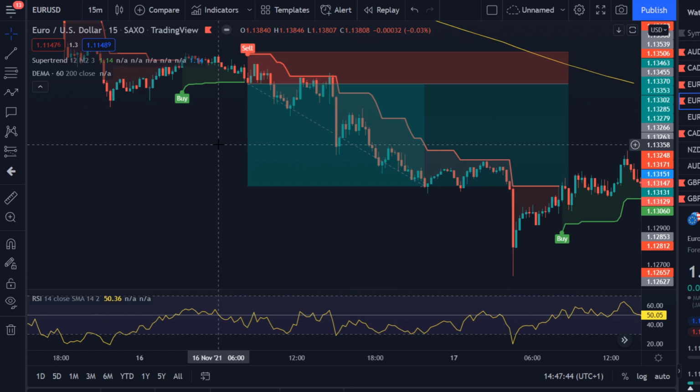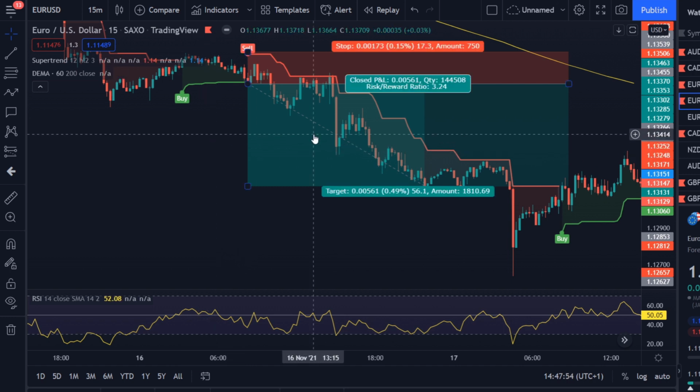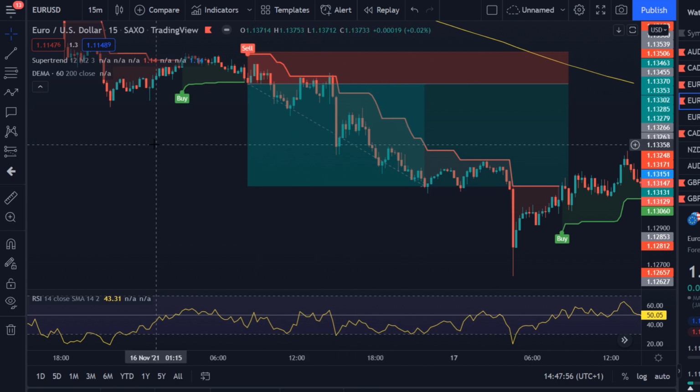So that is way more than what you're used to, like a 2-to-1 risk reward ratio or a 1-to-1 risk reward ratio. Instead of making 2%, now you will be making 3% if you're risking 1%, of course.